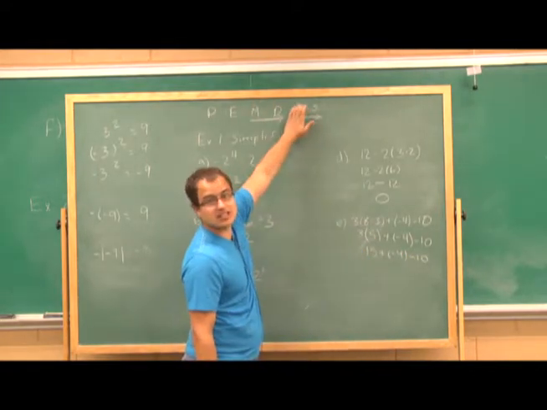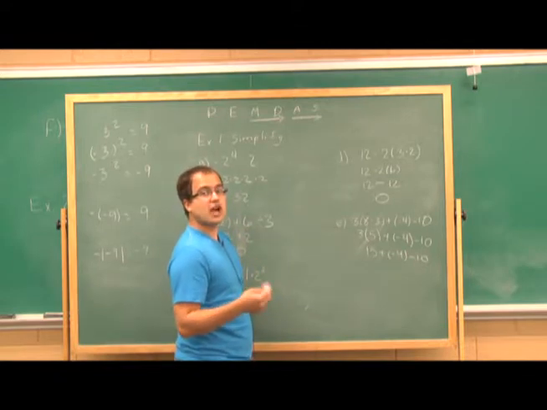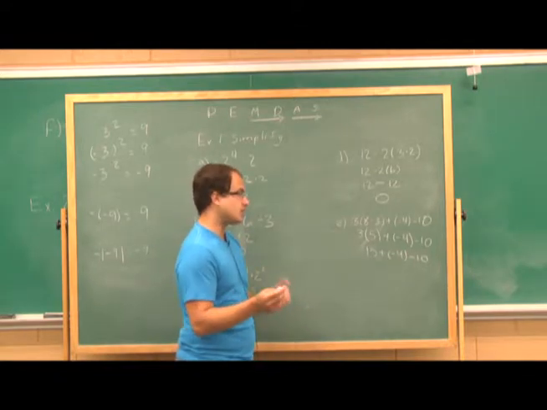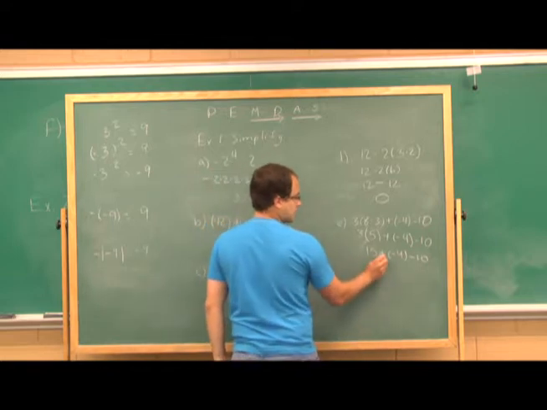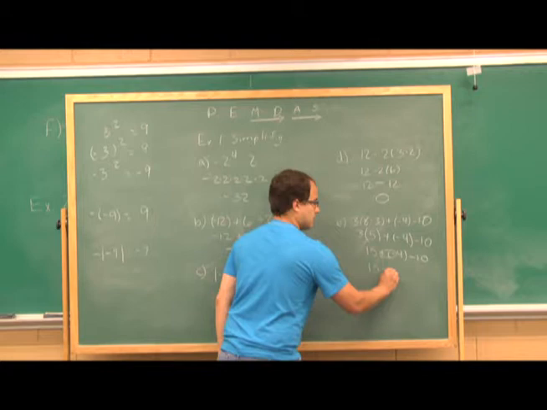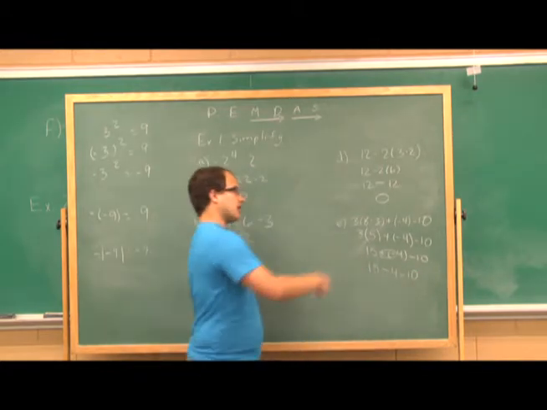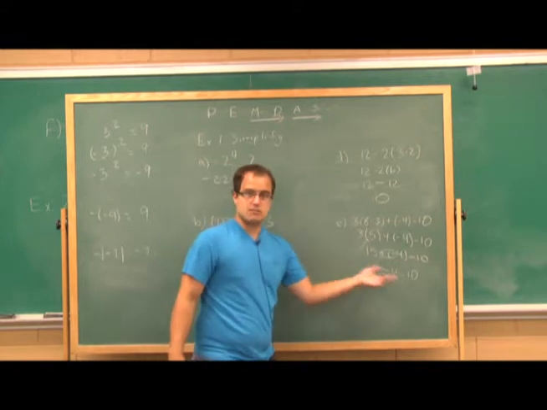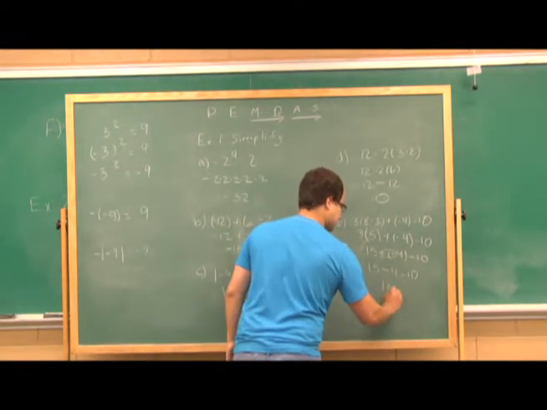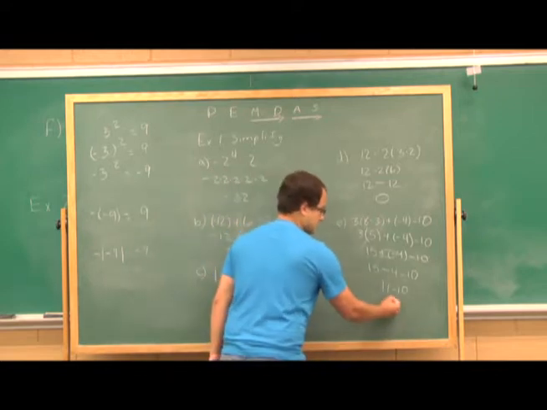Now I'm on to the addition and subtraction step. Remember with addition and subtraction I said I get rid of all the double signs. Well, here's a double sign right here, a positive and a negative, which is just negative 4. Now I just work left to right. 15 minus 4 is 11. 11 minus 10 is 1.